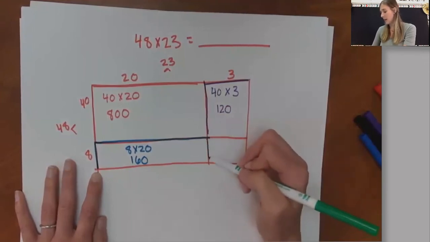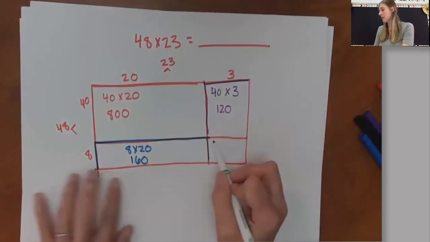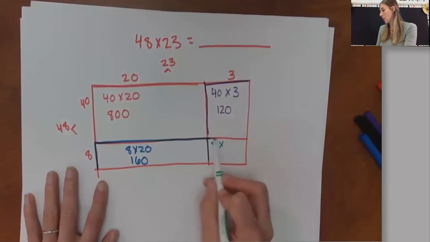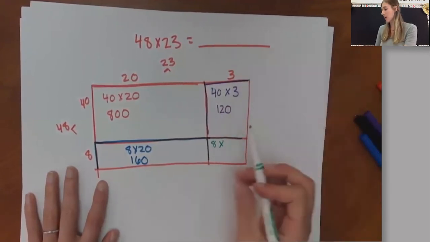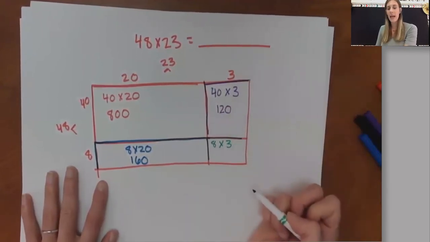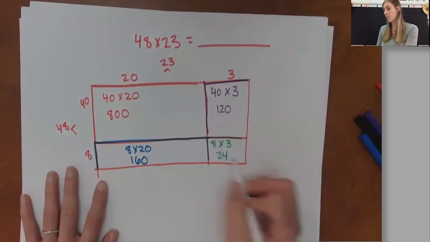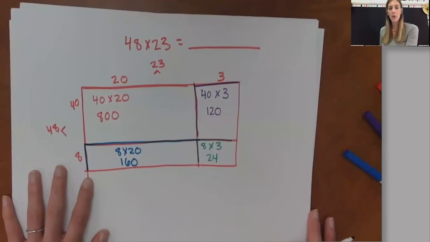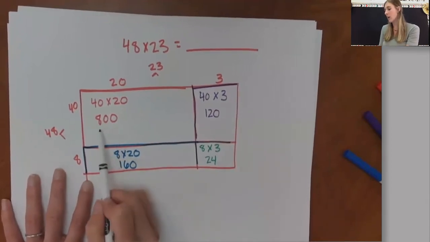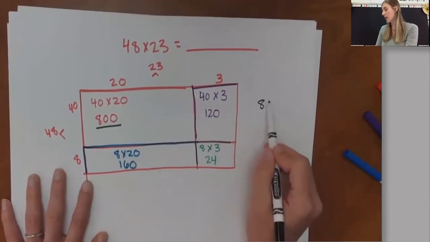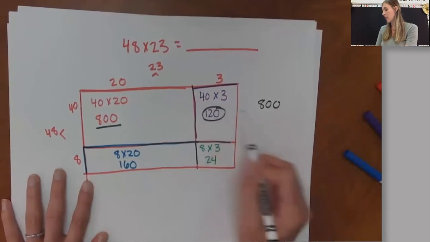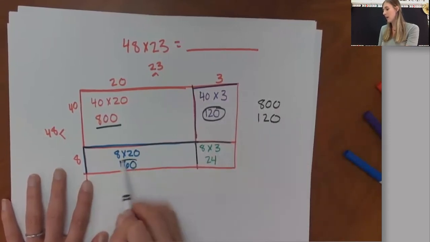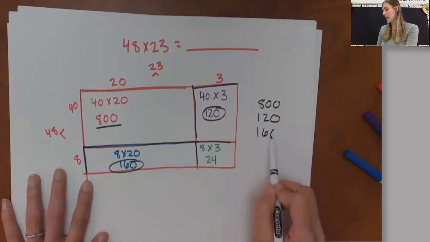And then our length here is 8 times our width here is 3. And that's just our basic fact. 8 times 3 is 24. And then we're going to go through and add our partial products to find our total product. So 800 plus 120 plus 160 plus 24.